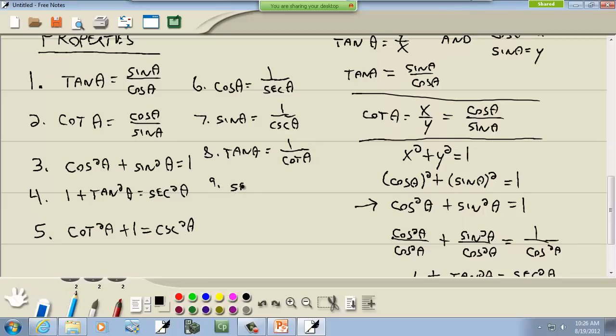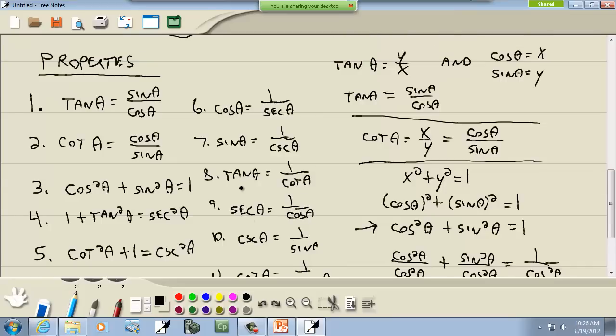And secant is equal to 1 over cosine. And cosecant is equal to 1 over sine. And cotangent is equal to 1 over tangent. When you think about it, secant is equal to 1 over x, and we just said x was cosine. So you can derive all of them. You just have to know a few basic ones to begin with, and then you can get the rest.